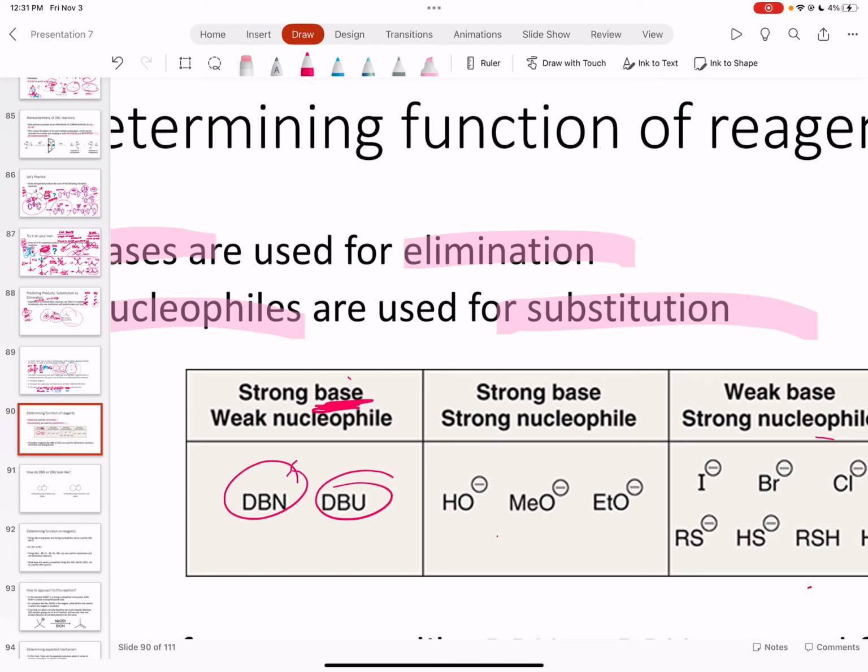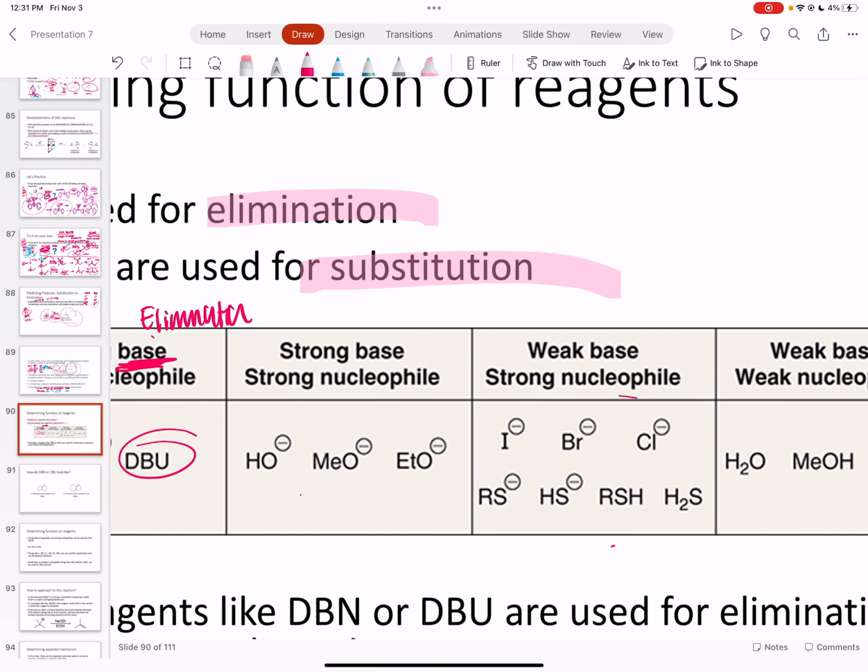So if we have a strong base, it means that we have an elimination reaction. If we have a strong base and a strong nucleophile, with those negative charges, it means that we can do either E2 or SN2.